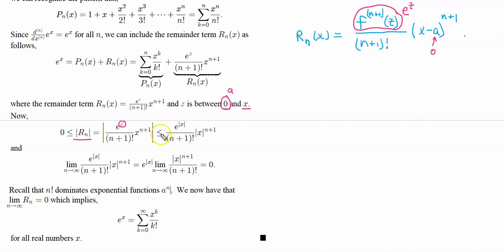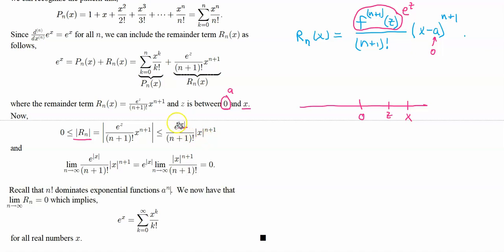So this is going to be less than or equal to, if we replace that z with the absolute value of x. Once again, here we have 0, x is here, z is supposed to be between 0 and x, so of course e to the z is going to be less than e to the absolute value of x.